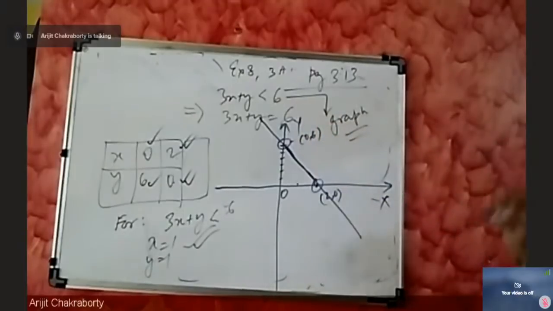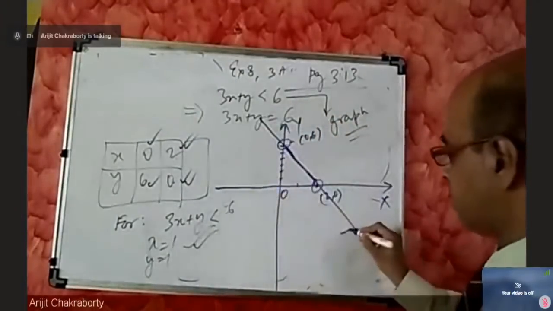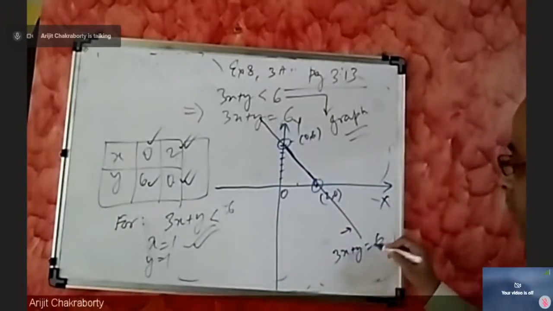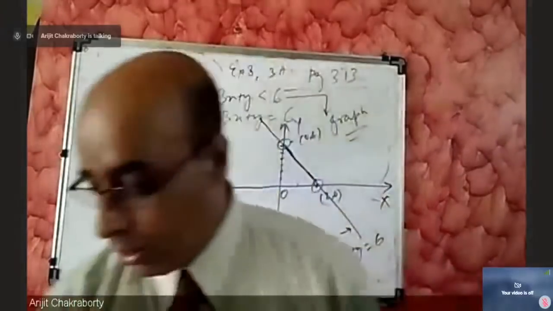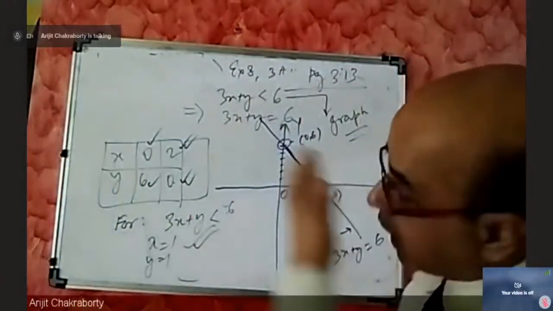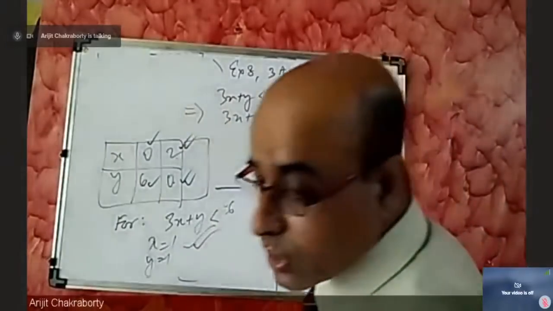This line represents 3x plus y equal to 6. So now we have plotted the line and we have got the points here.